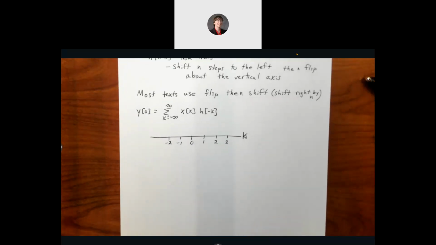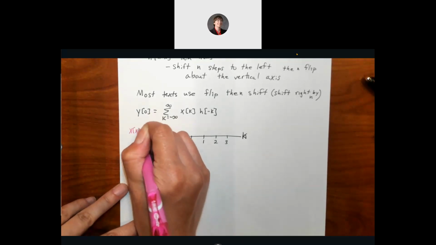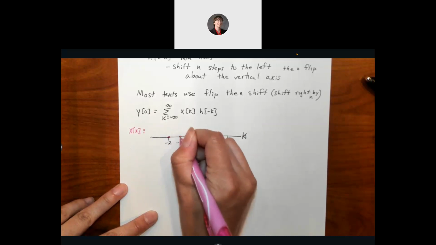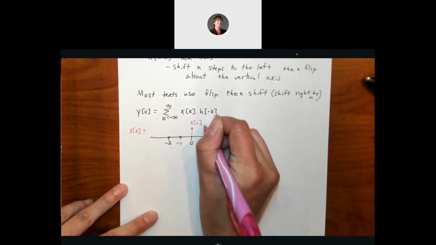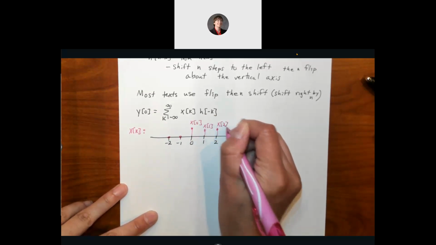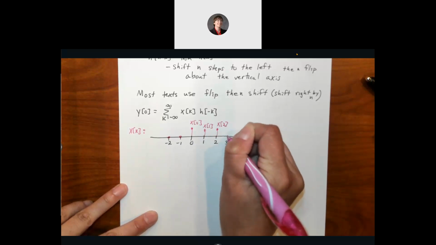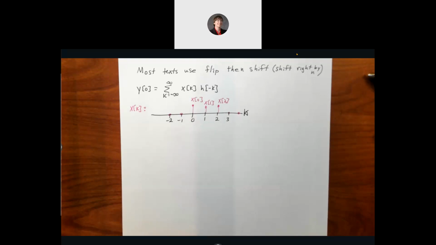So if we're looking at our example where we just had 3 non-zero values, you'd have x0, x1, x2, and so on and so forth.